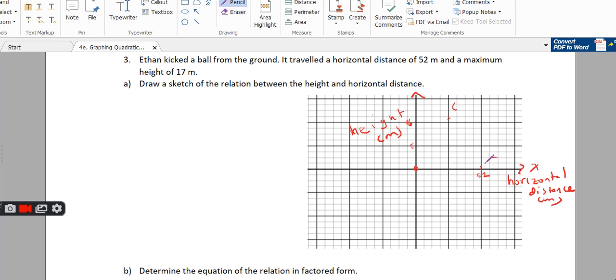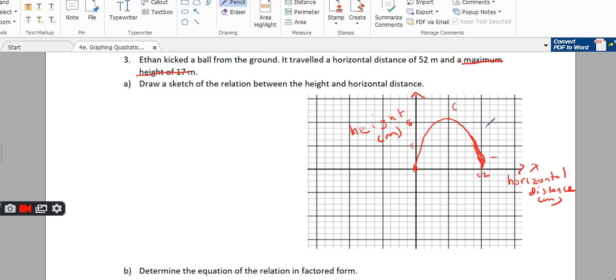What's half of 52? Because it traveled a horizontal distance of 52, but at the same time reached a maximum height of 17 meters, which means the ball technically starts there, it goes up, up, up, hits a maximum height of 17, then starts coming back down, and hits the ground, okay?